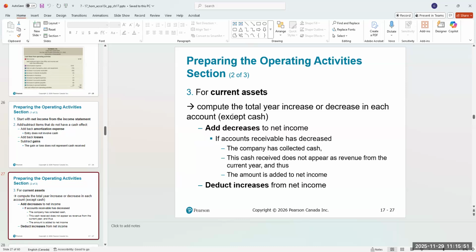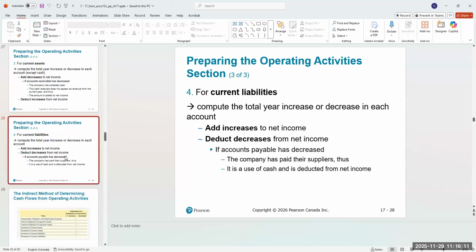Every time we see a decrease in the current assets, it means positive to our cash. If we see an increase in our assets, that's negative to our cash. Current liabilities, opposite.